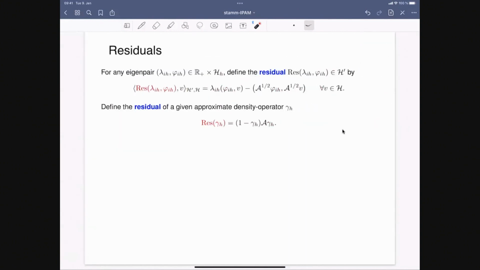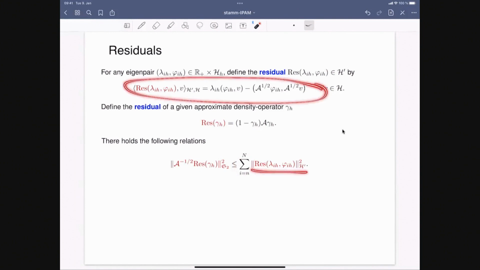Okay, but this is a residual for the orbitals and eigenvalues. But you can also define a residual for the approximated density matrix in this form, and you have the following relation: this kind of error quantity on the residual of the density matrix can be bounded above by the element-wise residuals that you defined here.